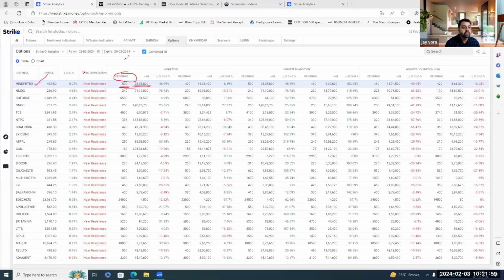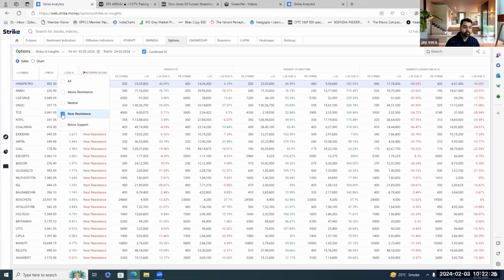And if you are bullish, then ideally what you would want to see is price crossing above the resistance level, and in the open interest addition, you will see that the put base will start increasing. Okay. So we will come to those examples, but right now it is very important to understand the concept.